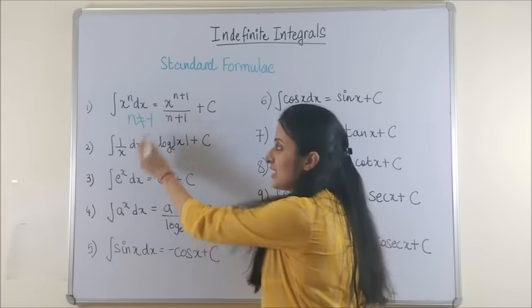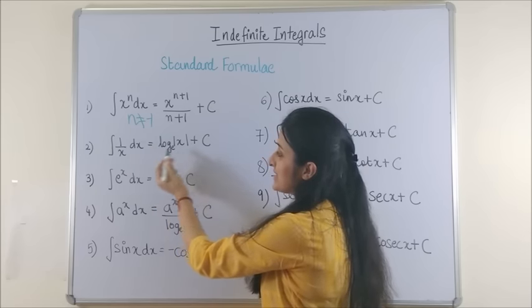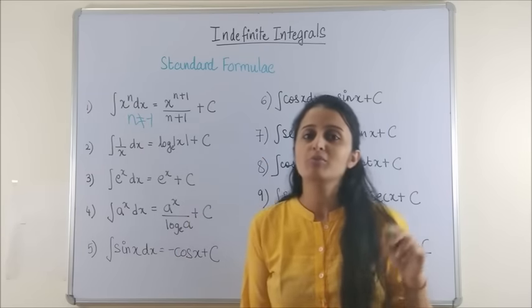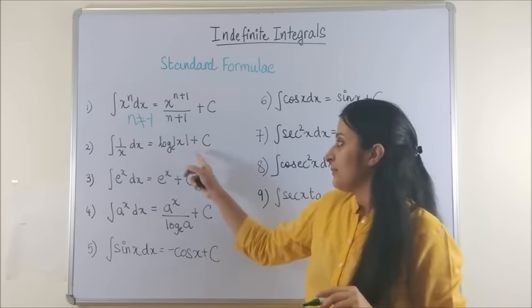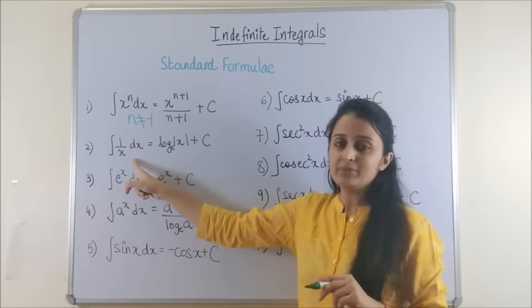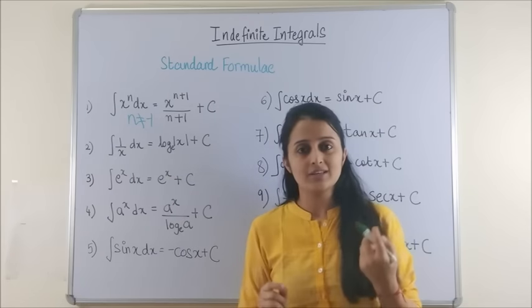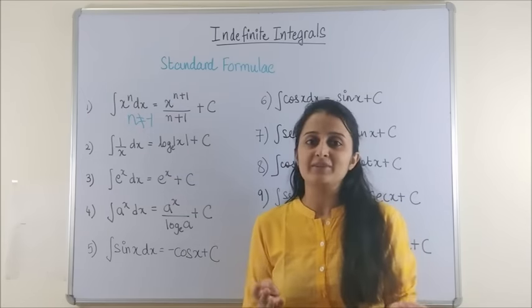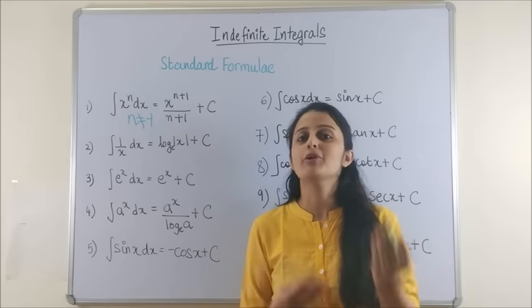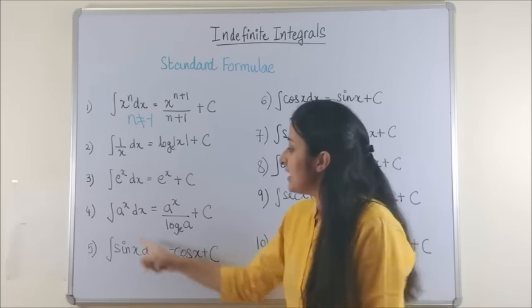However, the moment you come across x raised to power minus 1, that is 1 upon x dx, it is nothing but log mod x plus c. If you try differentiating log mod x, what you end up getting is simply 1 by x. Now, if you come across e to the power x, you are very lucky, because whether you differentiate or integrate, you get back your e to the power x.